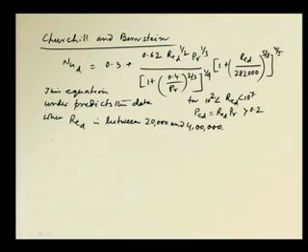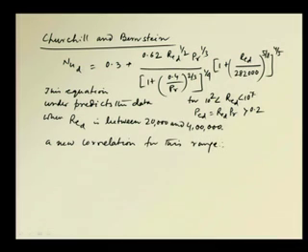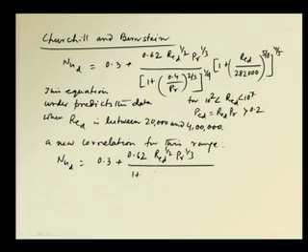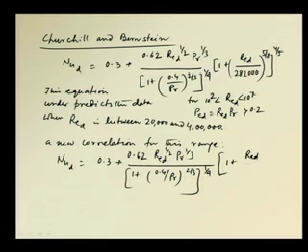So, then they have given a new correlation for this range: Nu_D equals 0.30 plus 0.62 Re_D to the power half Prandtl to the power 1/3, and then the same thing, [1 plus (0.4 by Prandtl) to the power 2/3] to the power 1/4, into [1 plus (Re_D by 282000) to the power half].